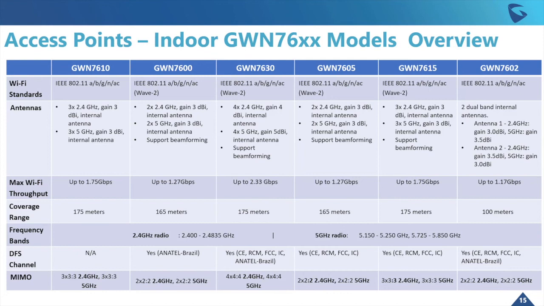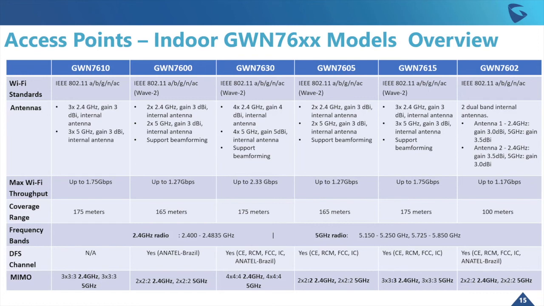And next is DFS channels, and DFS stands for Dynamic Frequency Selection. This option allows the access point to use the 5 gigahertz frequencies that are usually used by weather and airport radars. And to use these frequencies for Wi-Fi connection, some regulatory agencies like the FCC here in the US require that the access point should have DFS enabled to allow the access point to verify and detect if a radar is using a particular DFS channel.